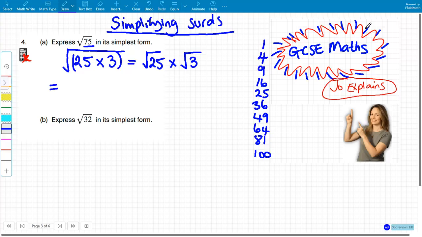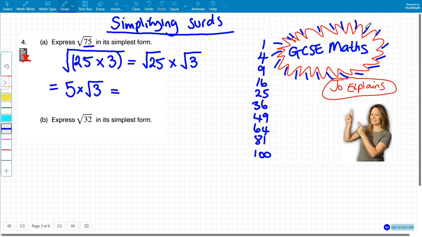So let's see if we can figure something out. The square root of 25 is actually a whole number. It's actually 5. Well, it's plus or minus 5, but we're going to use the positive. And then we're timesing it by the square root of 3, which doesn't actually give us a whole number value. That's why it's a surd, because it's irrational.